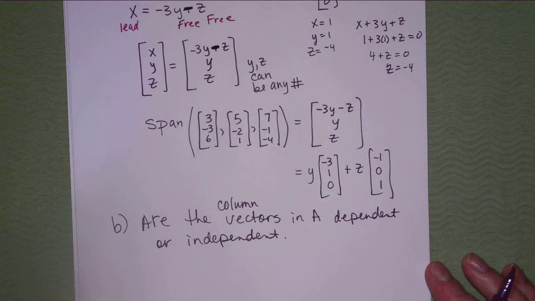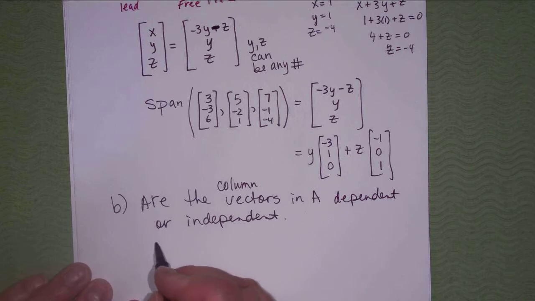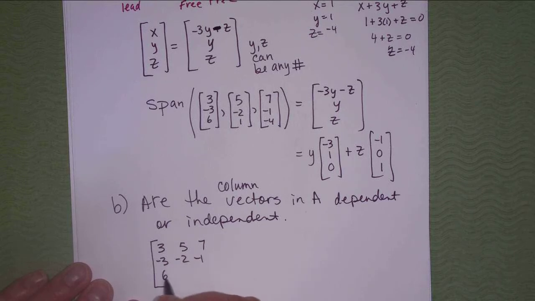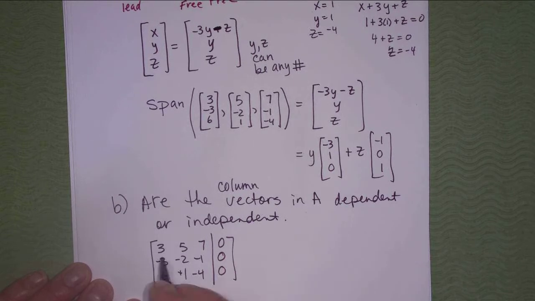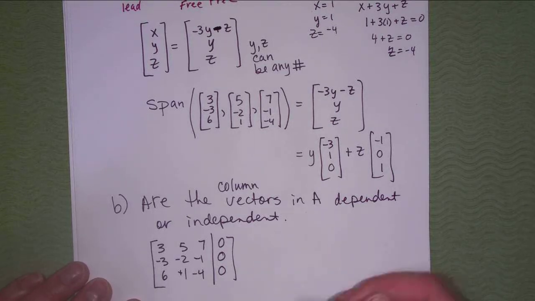If you were going to do dependent and independent, you would row reduce it, but instead of a general vector on the other side, what would you have? You would still do the row reduction the same, because you're only ever reducing this part, but you have zeros here, so you don't need to row reduce again to figure this out.